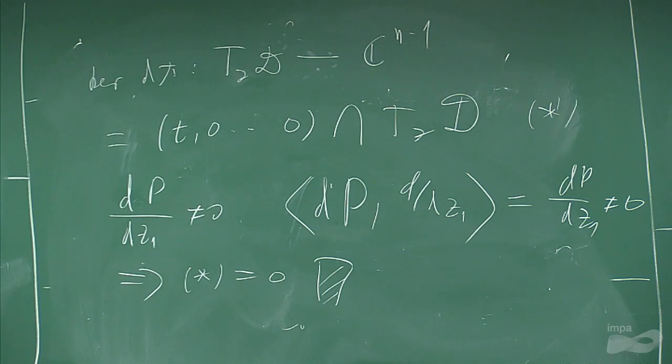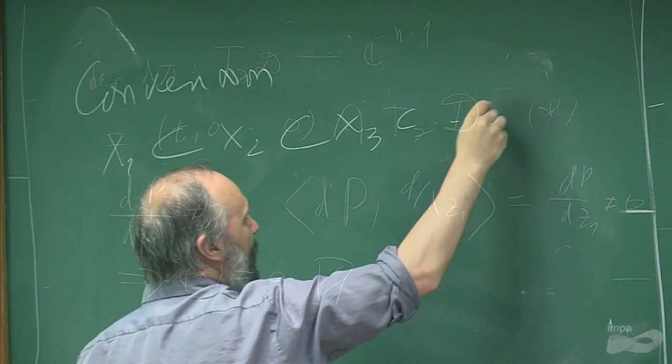So to do that, I have to introduce a convention. Suppose you have a sequence like x1 inside x2, inside x3, and so on, inside xn.